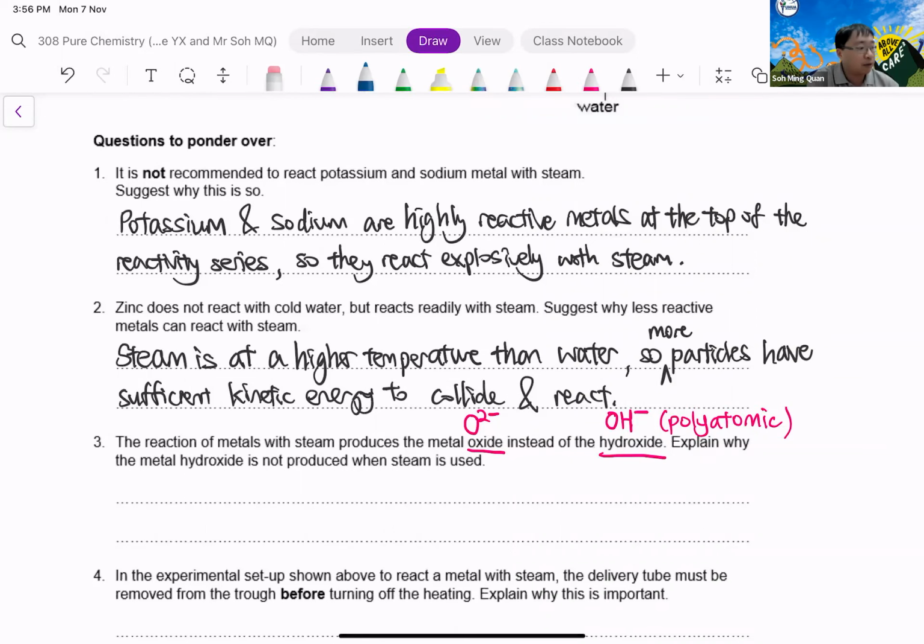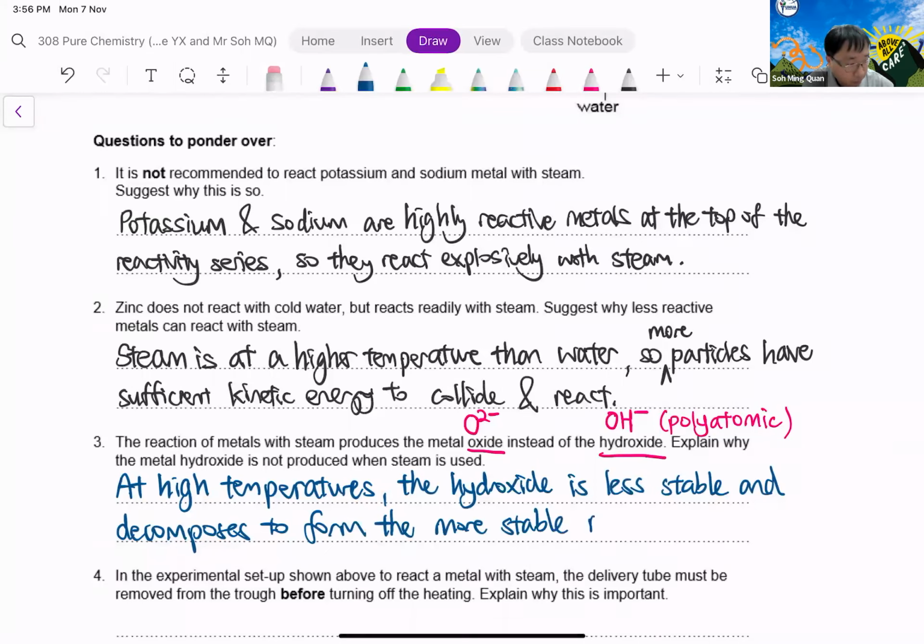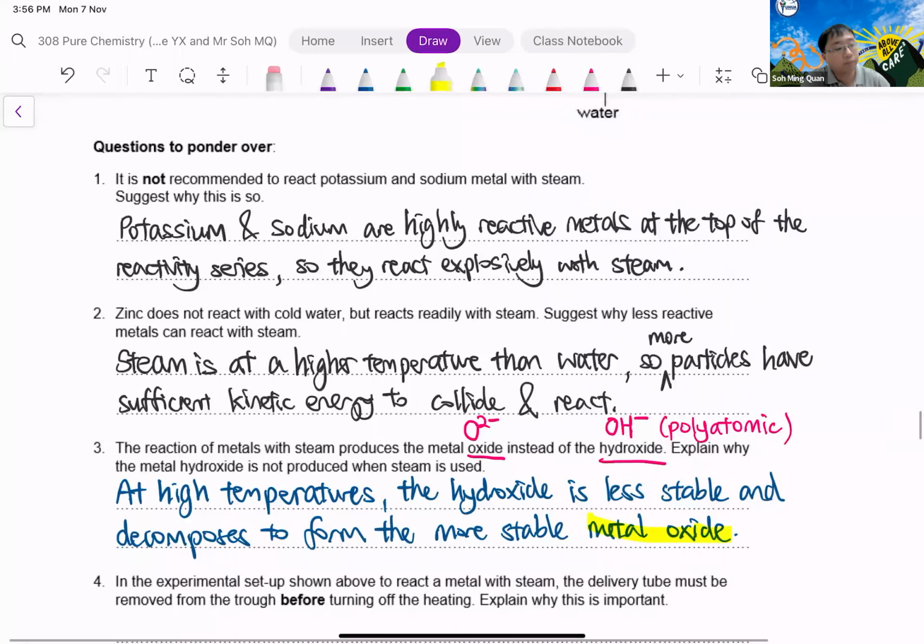The answer is yes, because at high temperatures, like steam, for example, the hydroxide is less stable and decomposes to form the more stable metal oxide. And I hope you will remember this. This is a key concept.